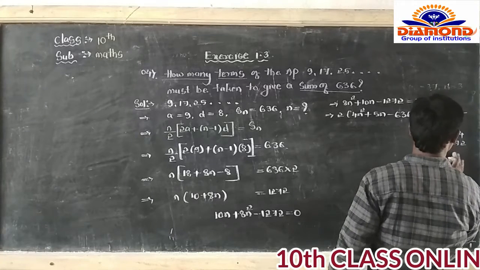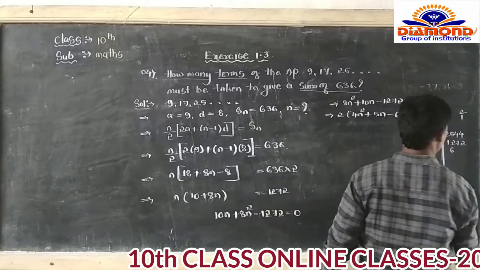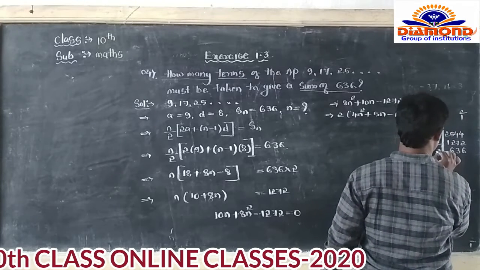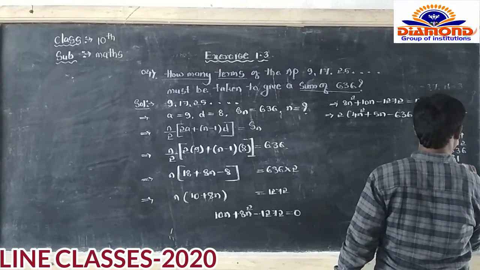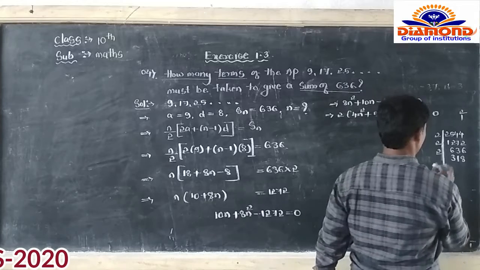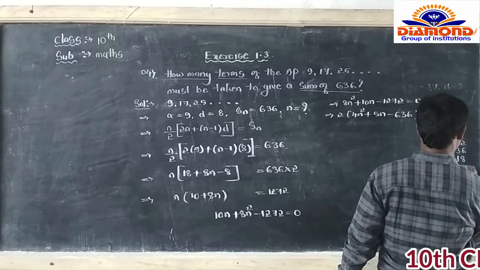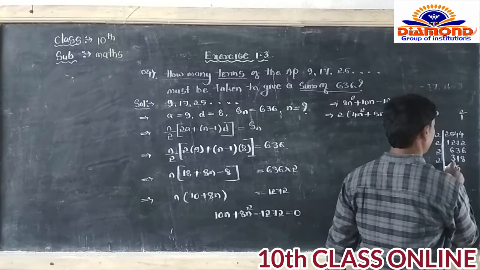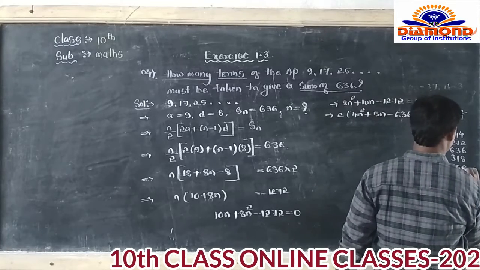Next, 2 6s are 12 and 2 3s are 6, 2 6s are 12. Next again 2 3s are 6. Next 2 1s are 2, 2 8s are 16. Next 2 1s are 2, 2 5s are 10, 2 8s are 16, 2 9s are 18.